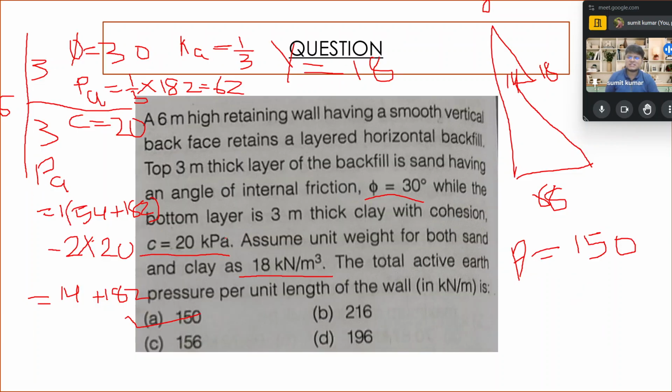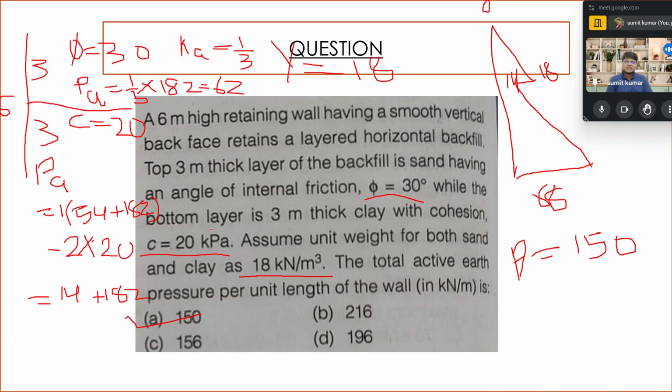Okay, so I will explain it again. First of all, the question states that it is a 6 meter retaining wall. It has different properties for the top 3 meter layer and the bottom 3 meter layer. So first of all, we have taken the value of phi as 30 and K as 1/3, and we write the equation of PA as K gamma Z, that is 1/3 into 18 into Z, that is 6Z. For Z equal to 0, the value of PA is going to be 0, and for Z equal to 3, the value of PA is going to be 18.